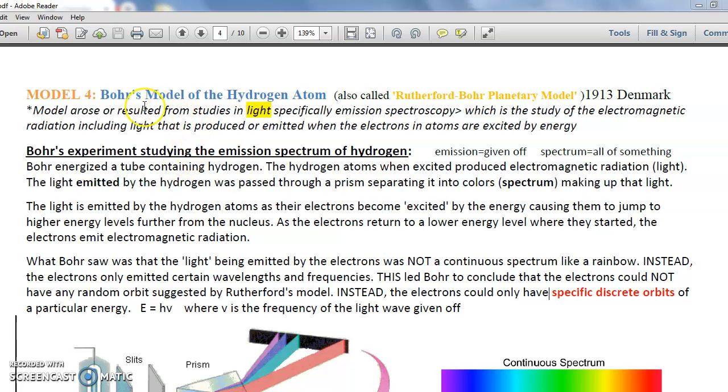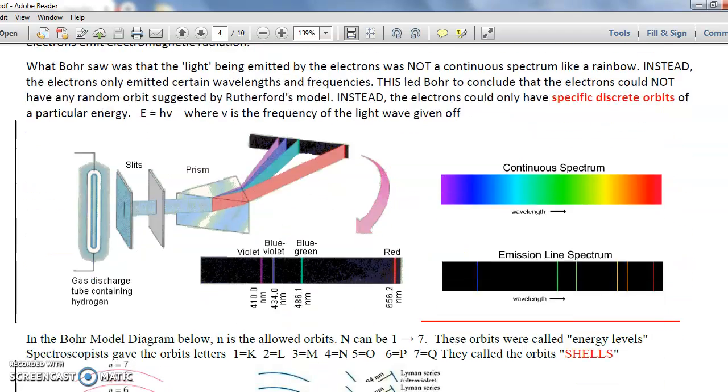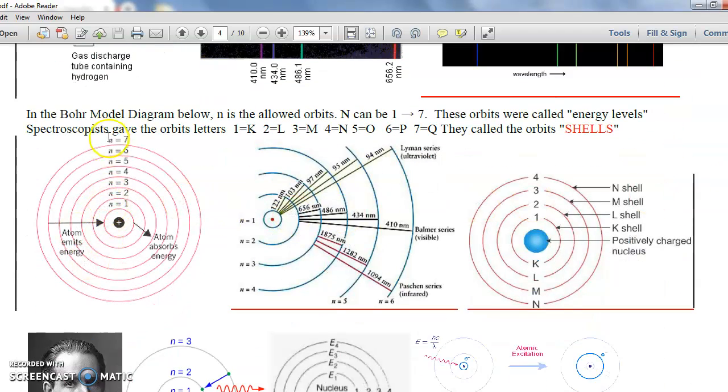Up to this point in time, we've been working with Model 4, Bohr's model of the atom. And if you remember, Bohr's model of the atom was the one with the 7 energy levels on it. And we already learned that the first level holds 2 electrons, and the second we could put 8.